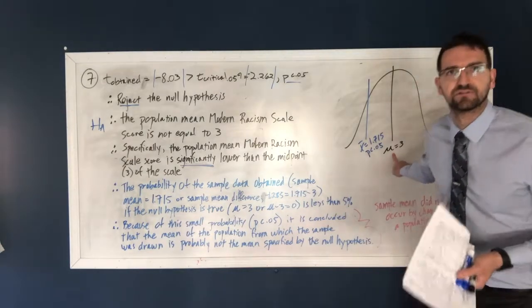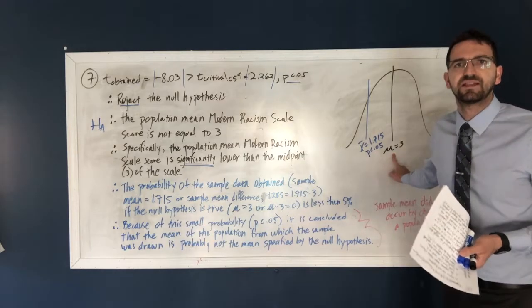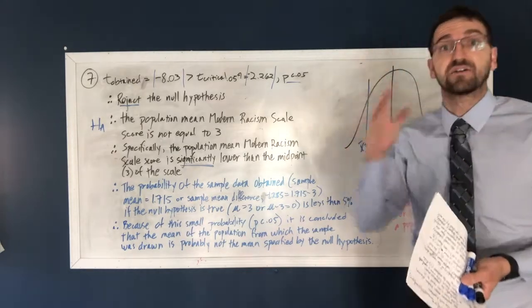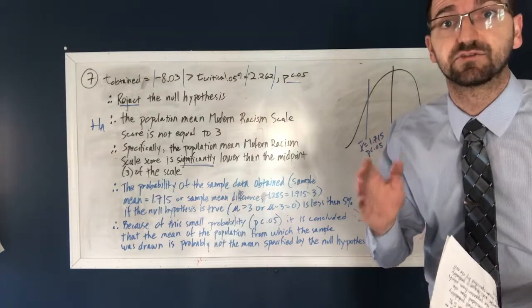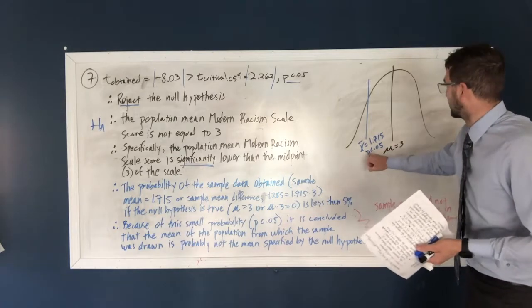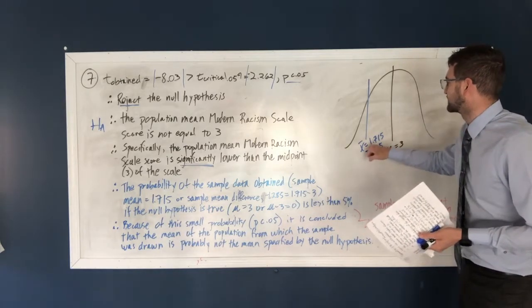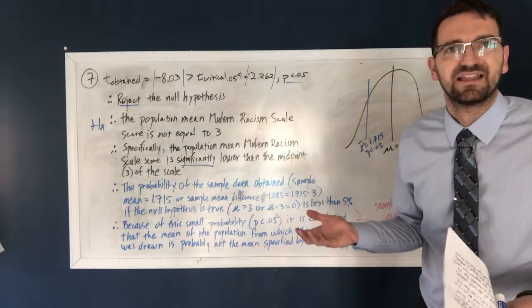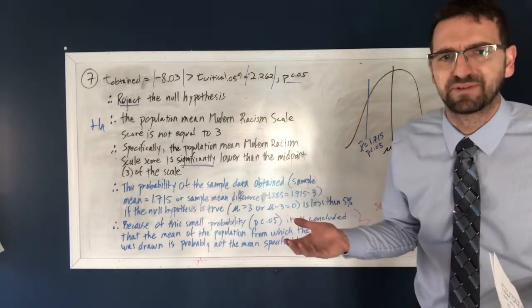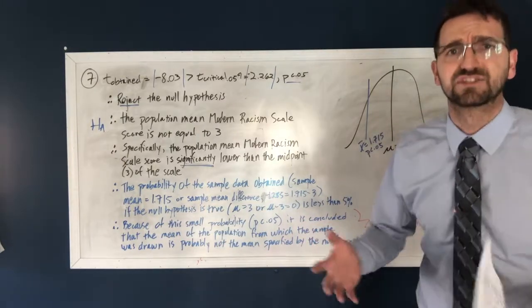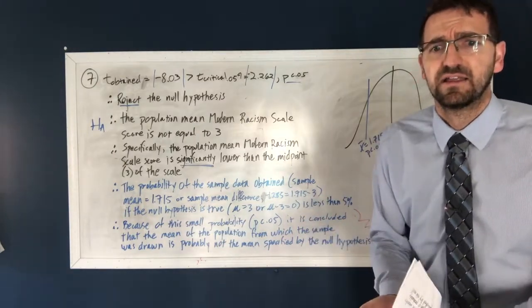Okay, so if we live in a population where the population mean value for the modern racism scale is 3, and then we sample from the population and we get 1.715, we're saying, well, to sample from the population and get a sample mean of 1.715 is extremely unlikely.